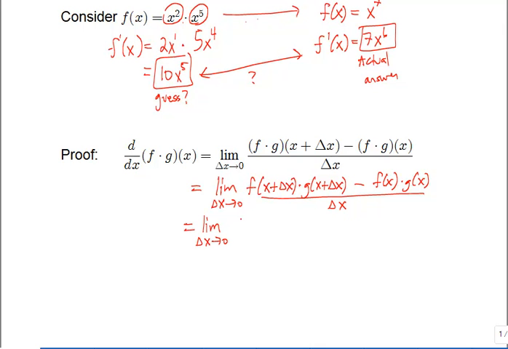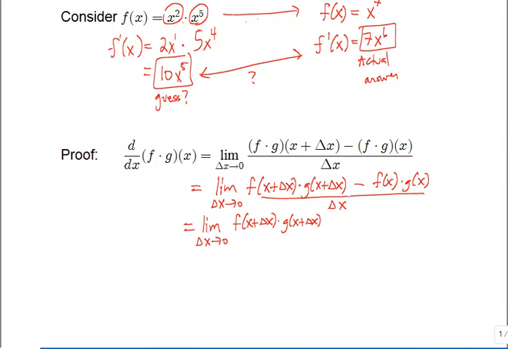I'm going to leave this f of x plus delta x times g of x plus delta x right where it is in the front. And then I'm going to add in and subtract the same quantity inside of this numerator. So I'm really just adding in a 0.